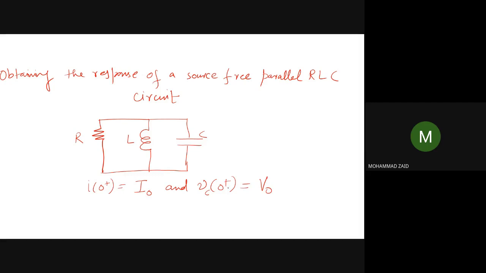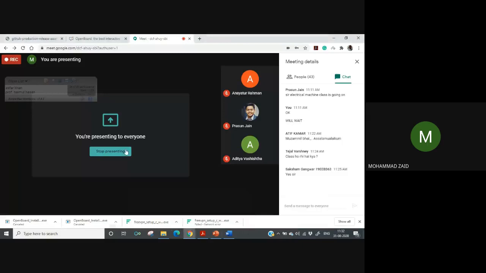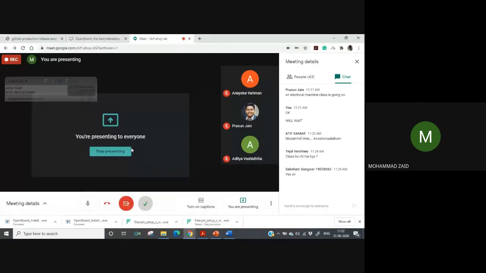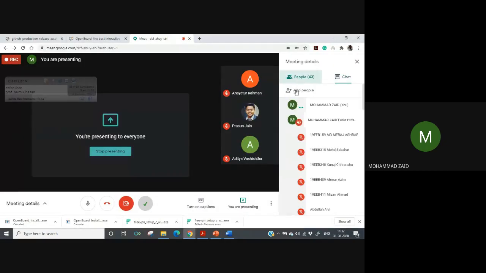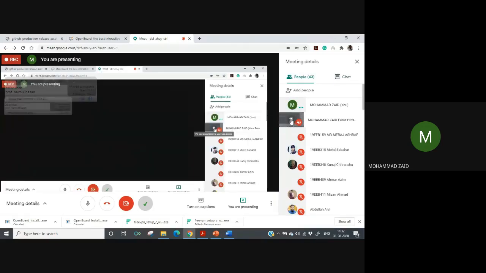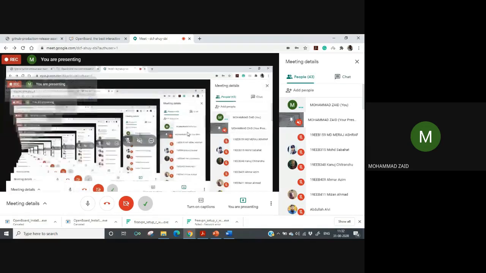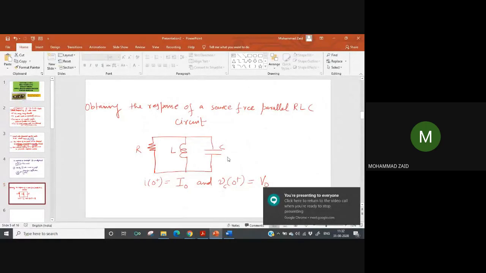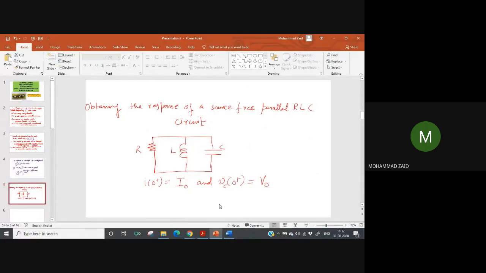That means there is some initial capacitor voltage and some initial inductor current present in the system, but there is no source present in the system.